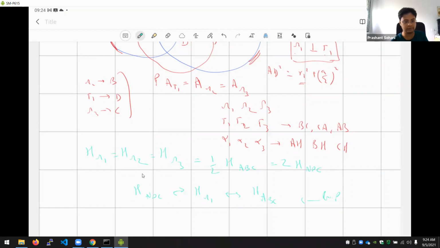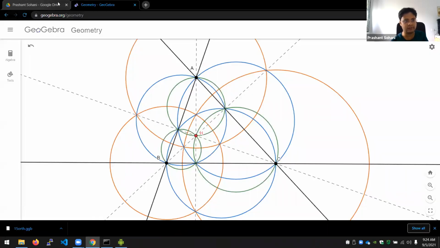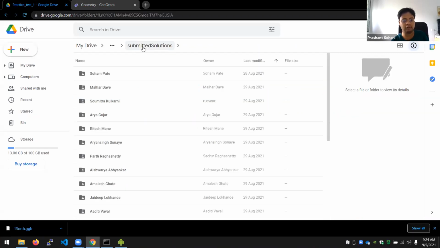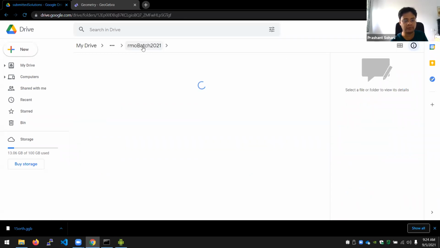So let us start with the new topic, which is inversion, poles and polars. This is a very nice, exciting topic. There are a lot of things that we are going to discover in this. But in fact, we are just starting with the basics of a much wider topic called geometric transformations.